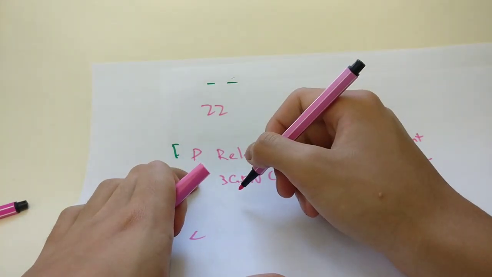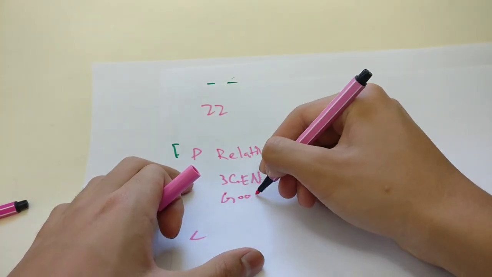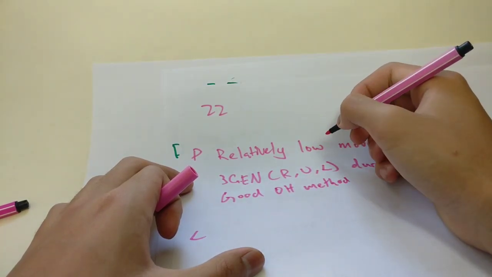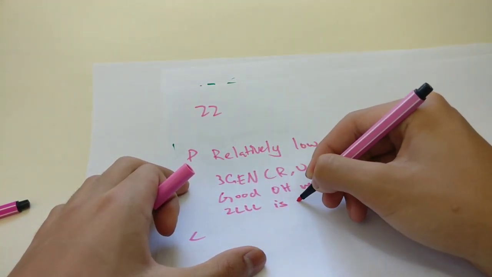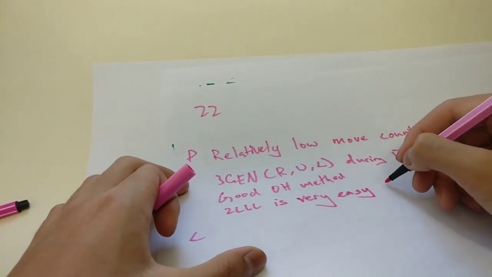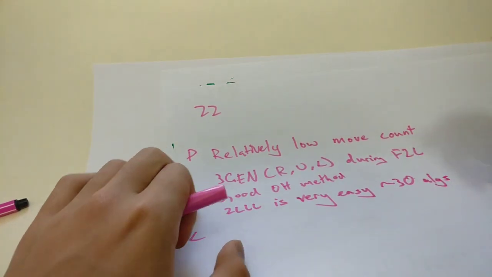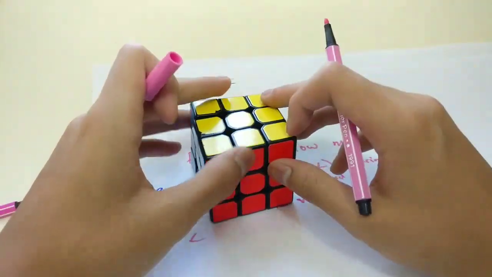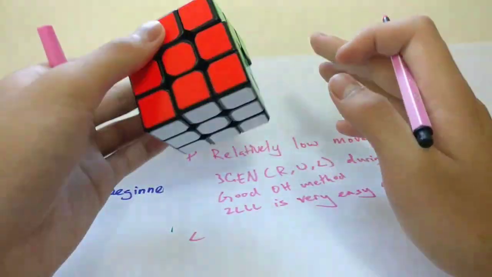And also, it's a good OH method, one-handed method. And 2 look last layer is very easy to learn compared to CFOP and Roux, because you only need around 30 algs. And most of the first 8 algs where you orient the corners, those ones are pretty easy to remember. It's only the permutation ones that are pretty difficult.